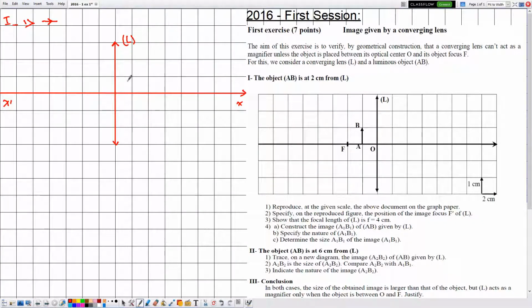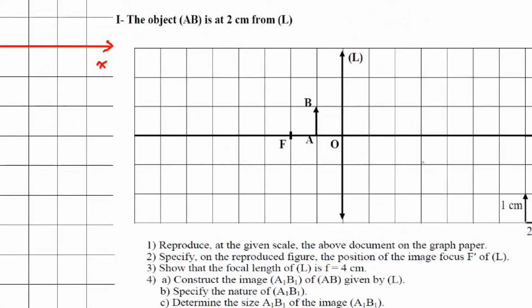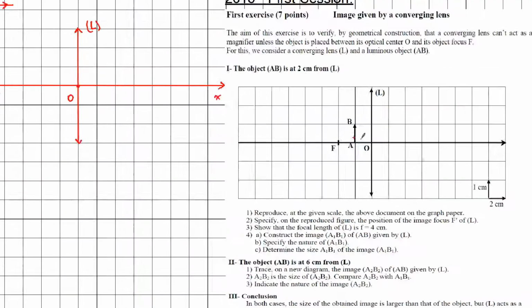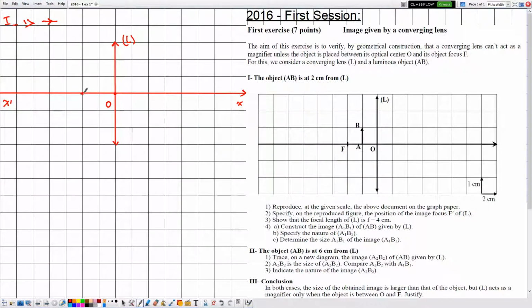And we know that the intersection between the optical axis and the lens L is the optical center O. Okay, so now the object focus, the point F, is located 2 divisions in front of the lens. This is the point F.